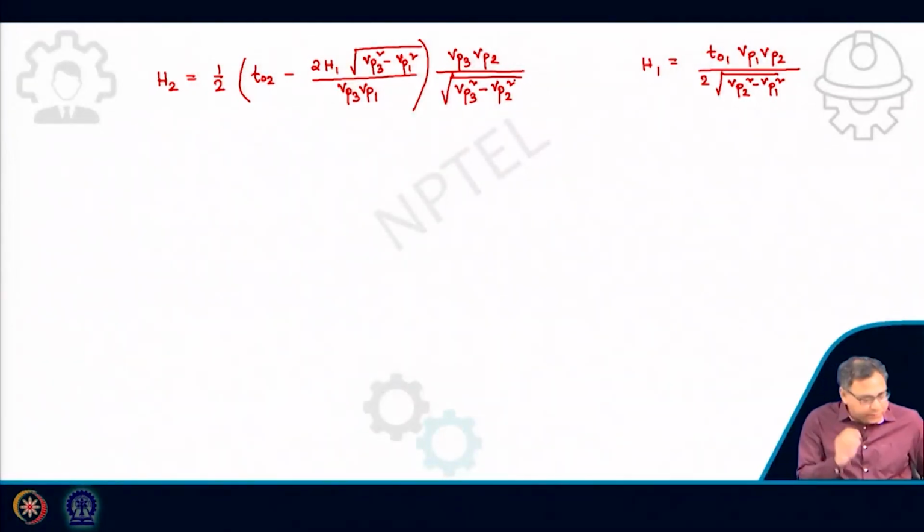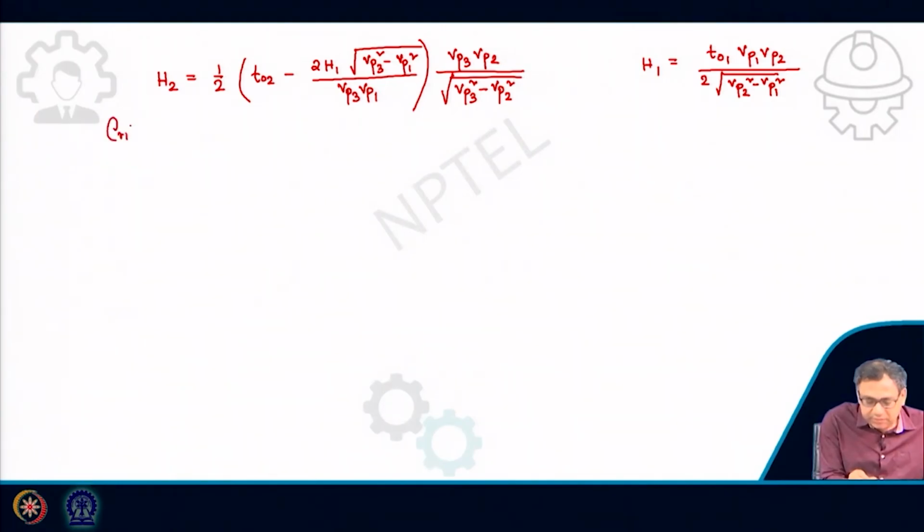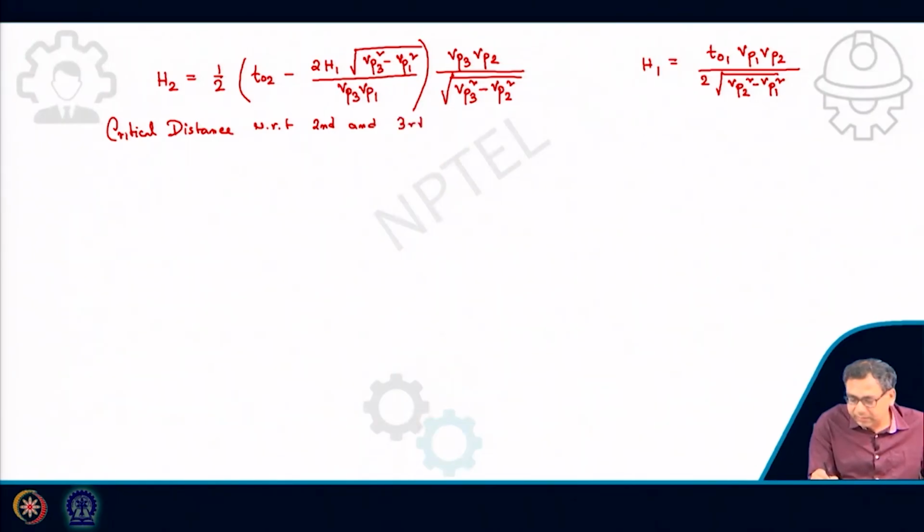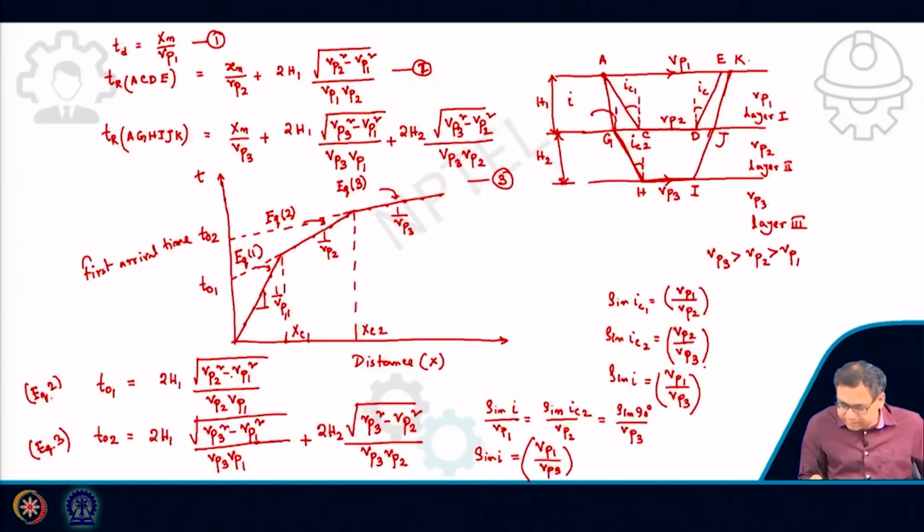Okay. Now if I use the critical distance concept with respect to the second and third layer, then this is my XC2. Second and third layer means I will equate equation number 2 and 3.